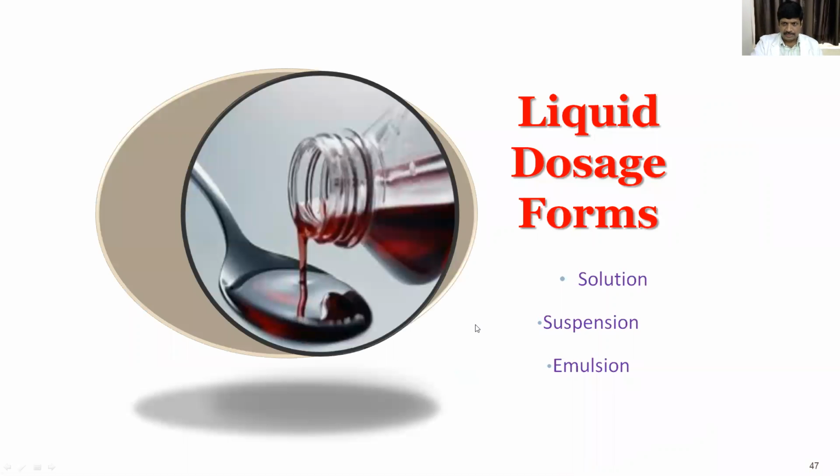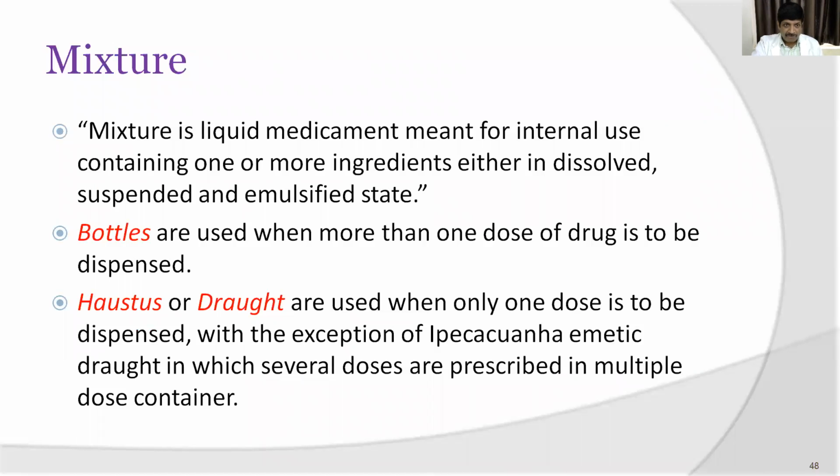Now the liquid dosage forms: solution, suspension, and emulsion. Mixture: a mixture is a liquid medicament meant for internal use, containing one or more ingredients in a dissolved, suspended, or emulsified state.